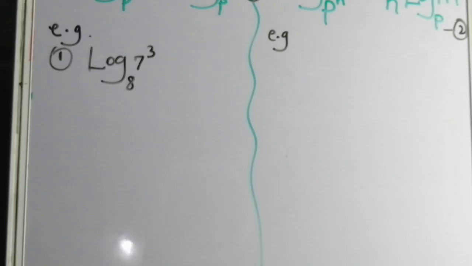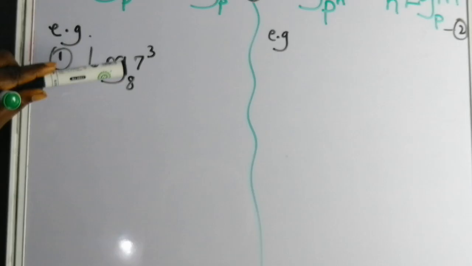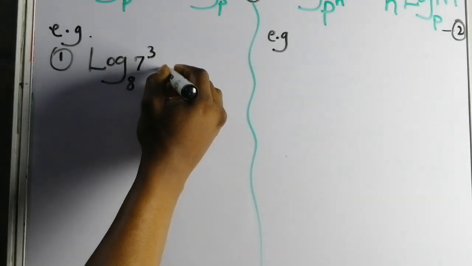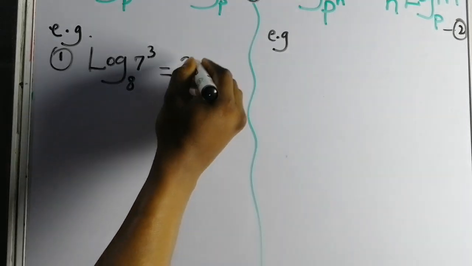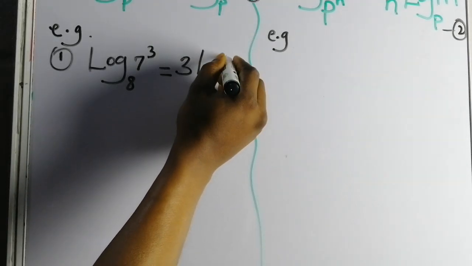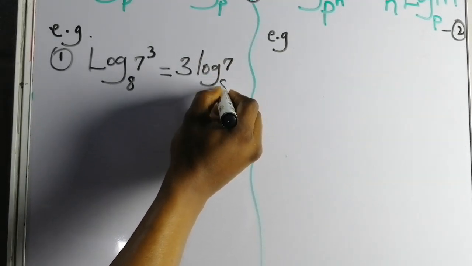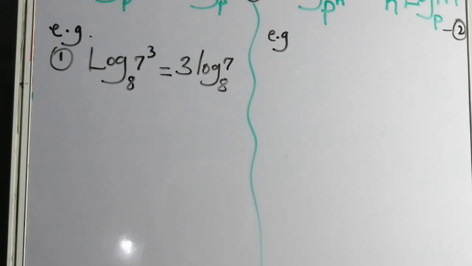So this example says log 7 raised to power 3 base 8. At the end of the day, this is the same thing as saying 3 log 7 base 8. It's as simple as that. It's very, very simple and straightforward. You don't need to stress yourself.